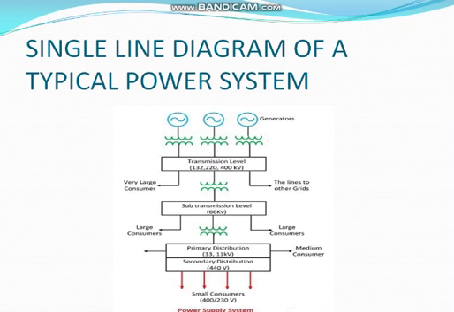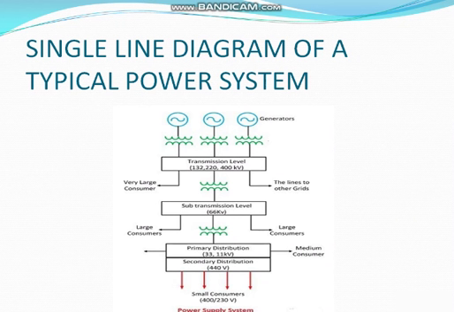This primary transmission voltage is supplied to a very large consumer or heavy engineering consumer, or to the other grids. After that, this transmission voltage is fed to the second transformer.